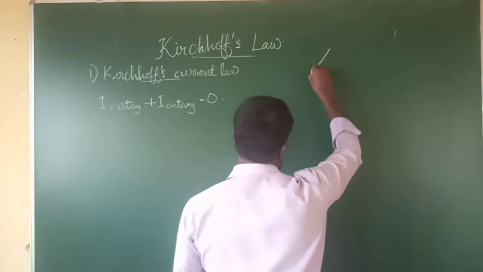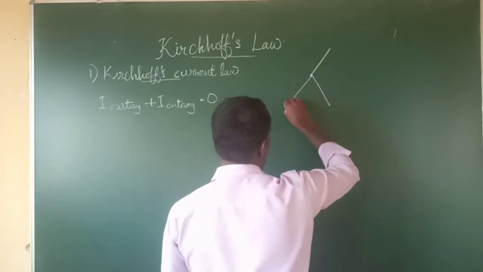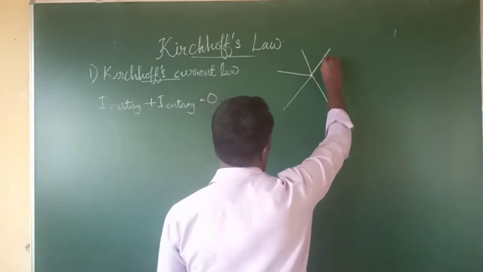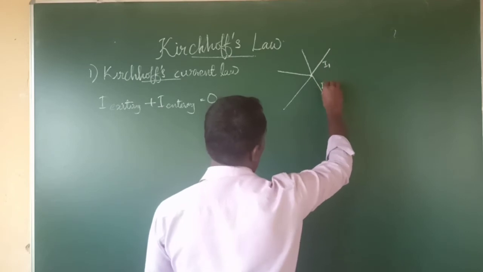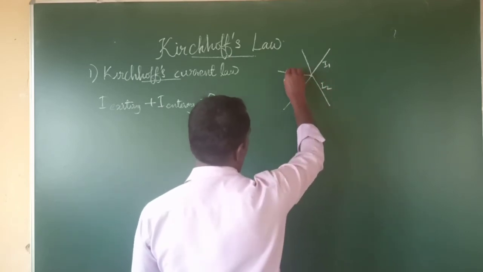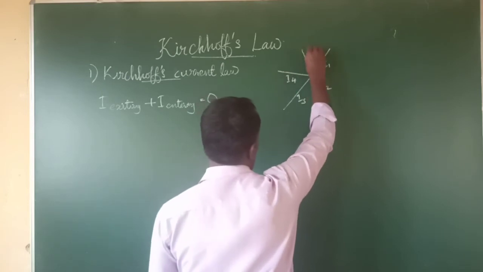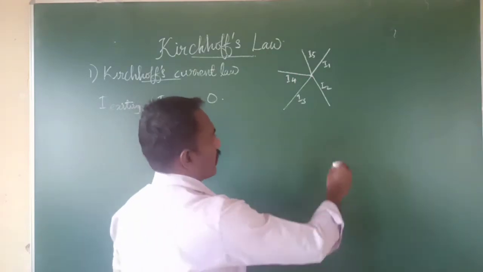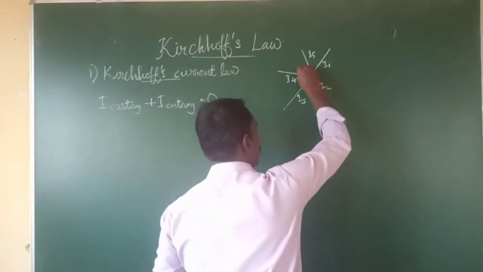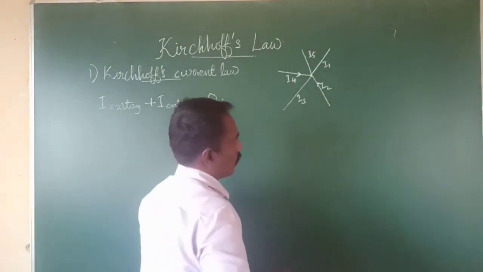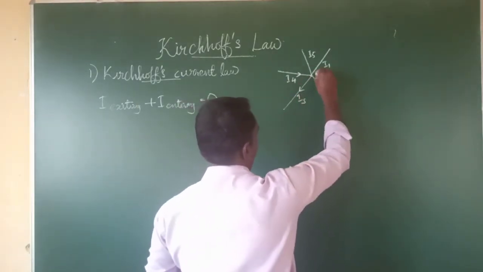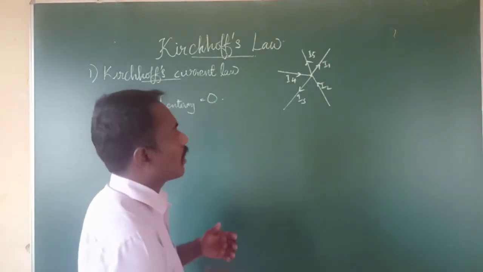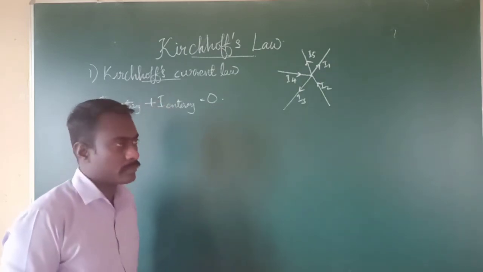If there is a node or junction with a number of paths coming in, I1, I2, I3, I4, I5, this is the path of the electric current. Here the currents I2 and I4 are entering the node of the circuit, and I3, I1, and I5 are going out of the junction.